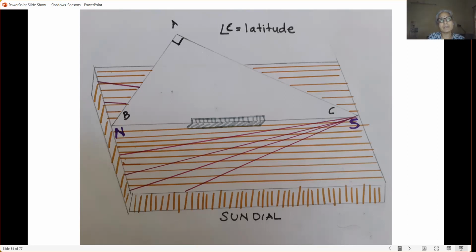Okay, so starting around 7 o'clock in the morning, when the shadow is distinct, you can trace the shadow, draw it at each hour, at 7, at 8, and so on. So the shadow will fall on one side, and then in the afternoon the shadow will switch over. It will fall on the other side of the triangle, the plane, right?